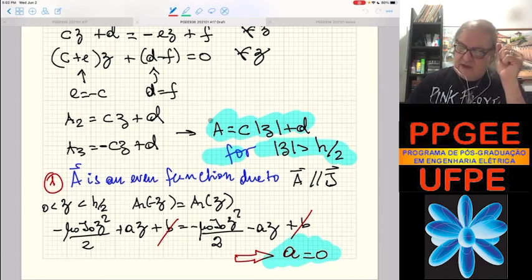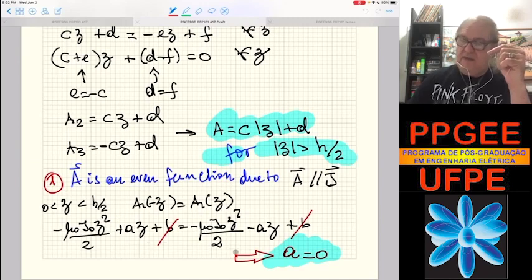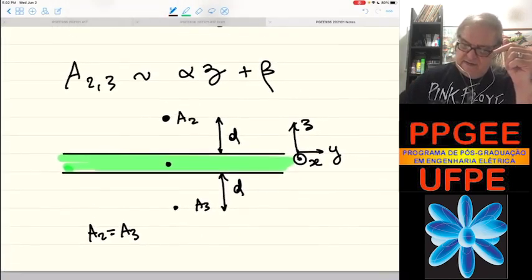So we have the general solution outside, above or below, but you can use the one above only. And inside we just eliminate the second term, giving a solution like this.